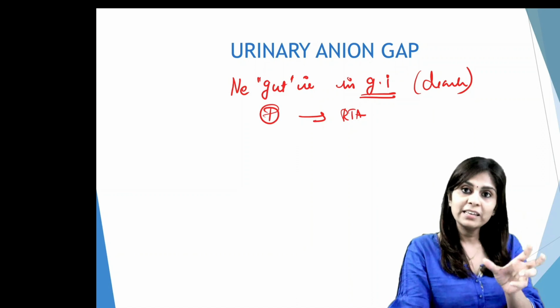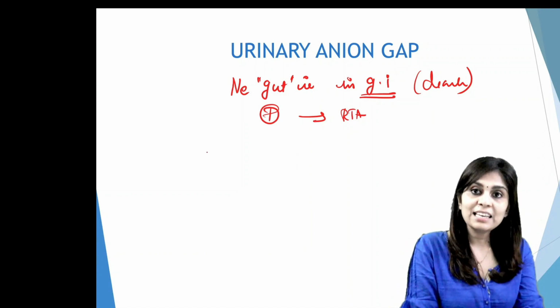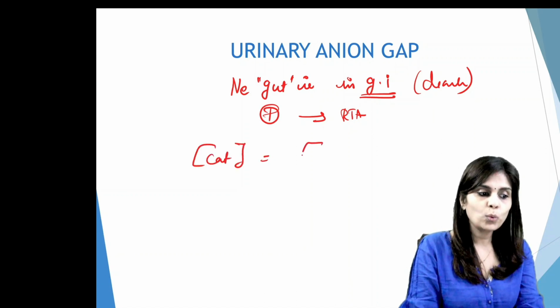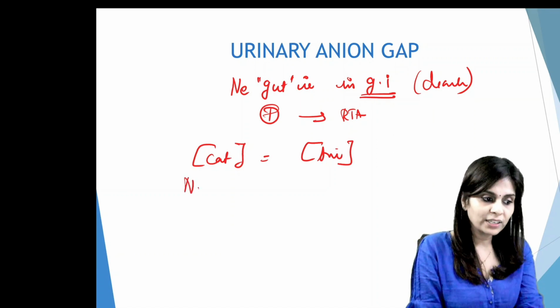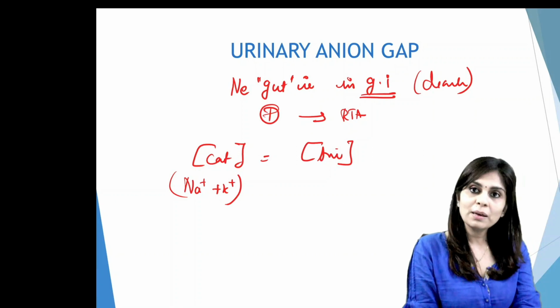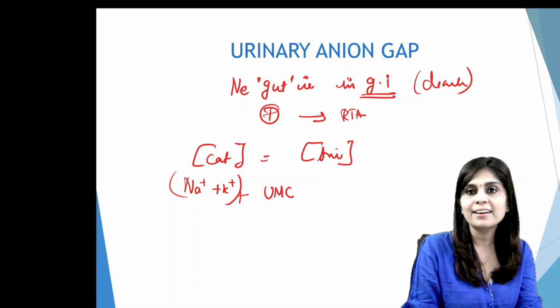Now, what is the basis of urinary anion gap? It is based on the fact that in any physiological solution, sum of cations should be equal to sum of anions. And what are the cations of urine? Urine has sodium and potassium. And other than sodium and potassium, I am going to consider the remaining cations as unmeasured cations.